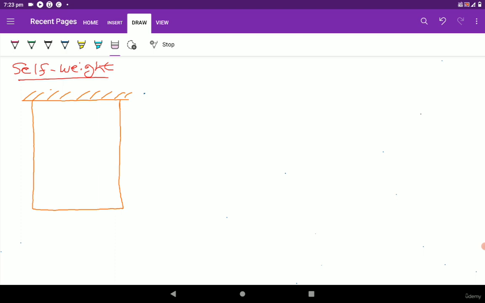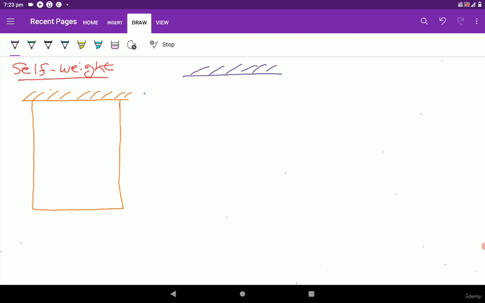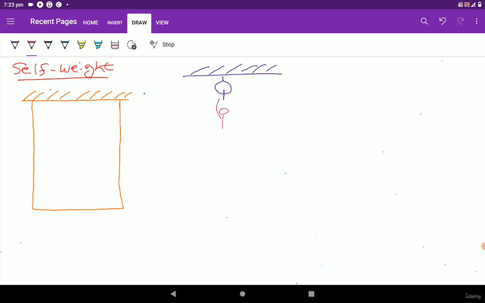So just imagine that there is a hook and a rope attached to this hook, and one person is hanging by catching this rope attached to the hook.